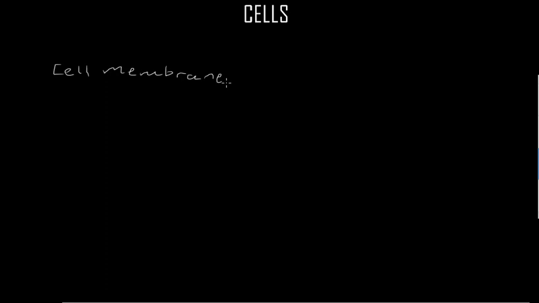You can think of it as a boundary. This cell membrane has a role that it plays, and it is made in such a way that it is adapted to that role that it plays in a cell, or rather in cells.